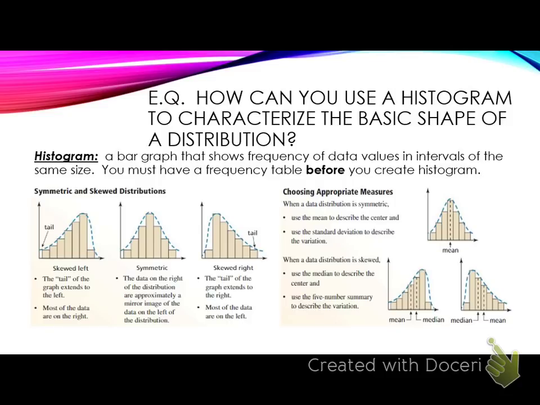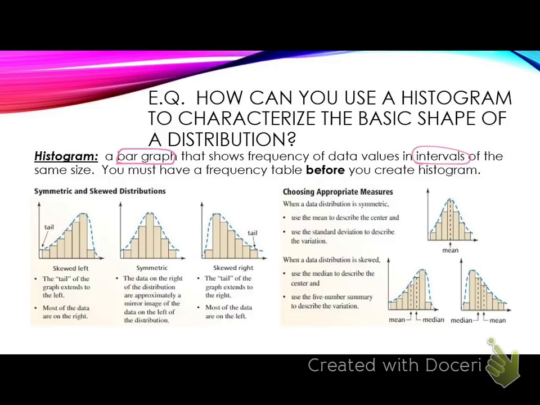For those of you familiar with the histogram, it is a bar graph, but you're going to notice the difference between a histogram and a regular bar graph. The bars are actually going to be touching when you're doing a histogram. That's not the case when you make a regular bar graph. A histogram also shows the frequency of data values in intervals.